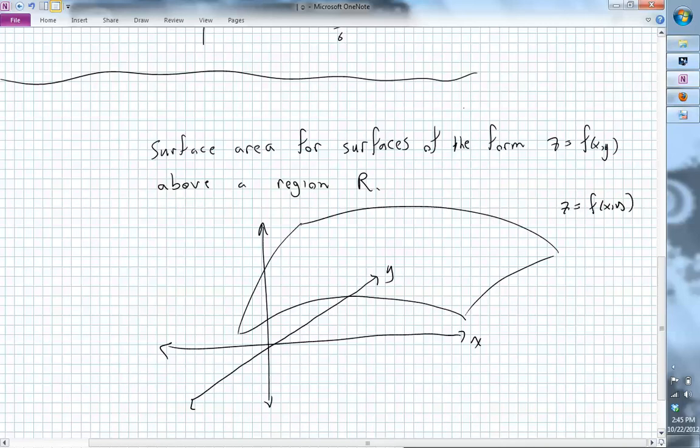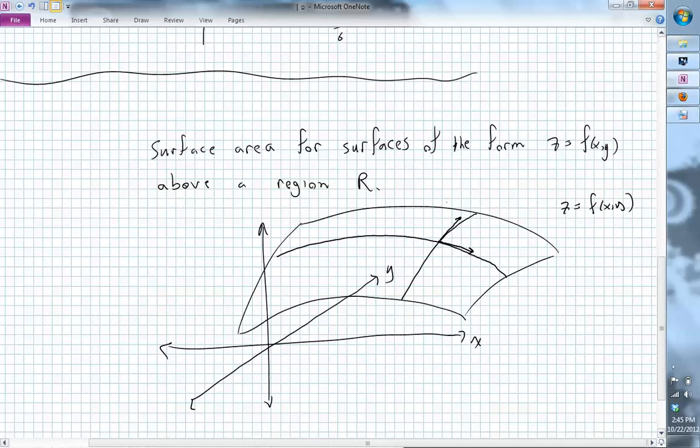So let's think, we actually have the tools to try to get a grip on this surface area. I want to think about two curves, two cross sections here. One is a cross section in the y direction, and the other is a cross section in the x direction. I want to think about little tangent vectors along those two lines.